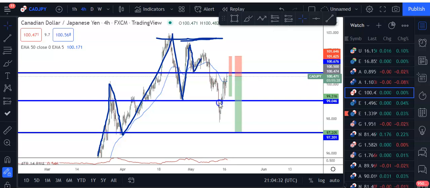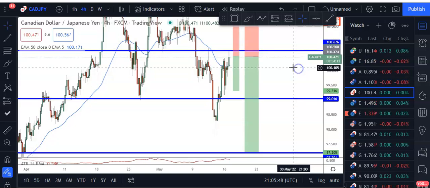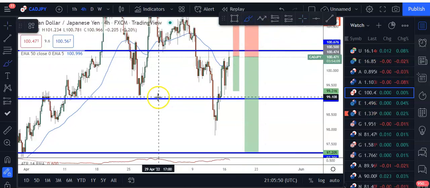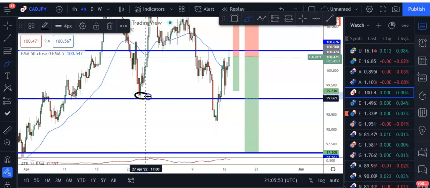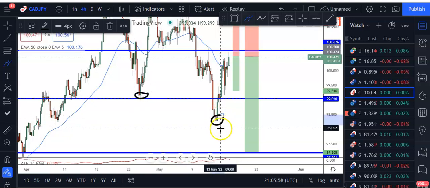It tries to move to the upside again, but it fails again to break this level here, and the market actually continues moving heavily to the downside, breaking this previous level here. So now if we zoom in, like I said previously, I look for two levels for me to conclude that this is a reversal.